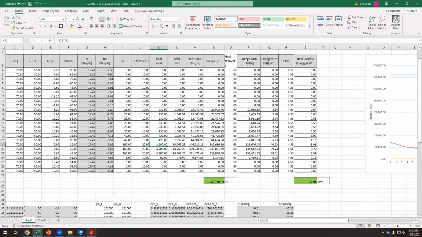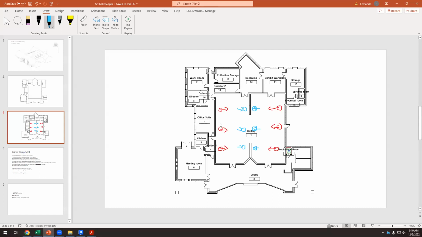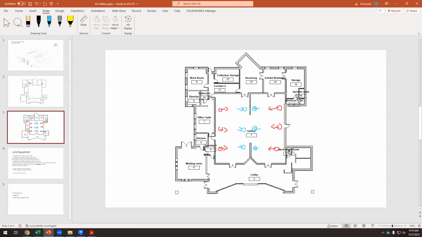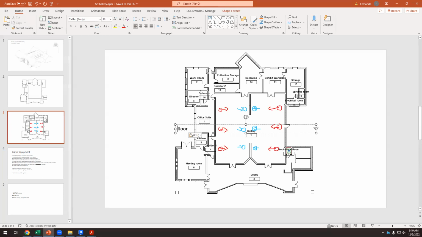Okay, if we have 3,200 and there are 1, 2, 3, 4, 5, 6, what is the maximum airflow through each diffuser? If I have 6, I will divide this by 6. If I have 8, I will divide this by 8.